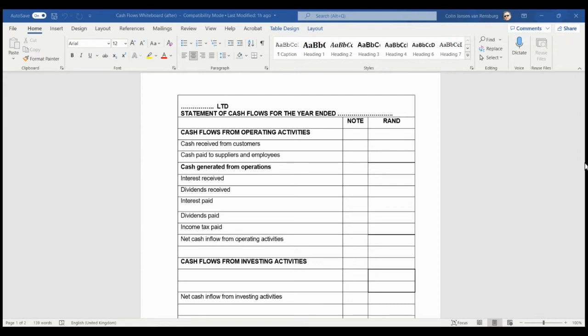Therefore, we have to see what we can get from our other financial statements that relates to that account, and then what we can further do to determine the flow of cash. Anyway, to make a long story short, this is the technique that we are going to be using.